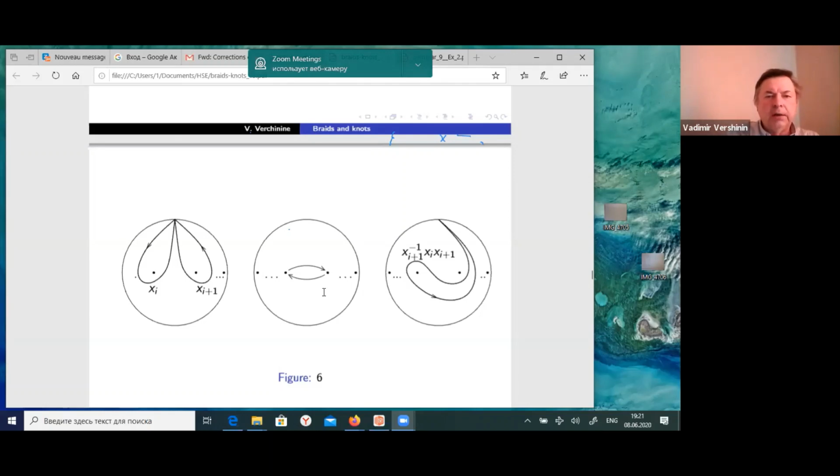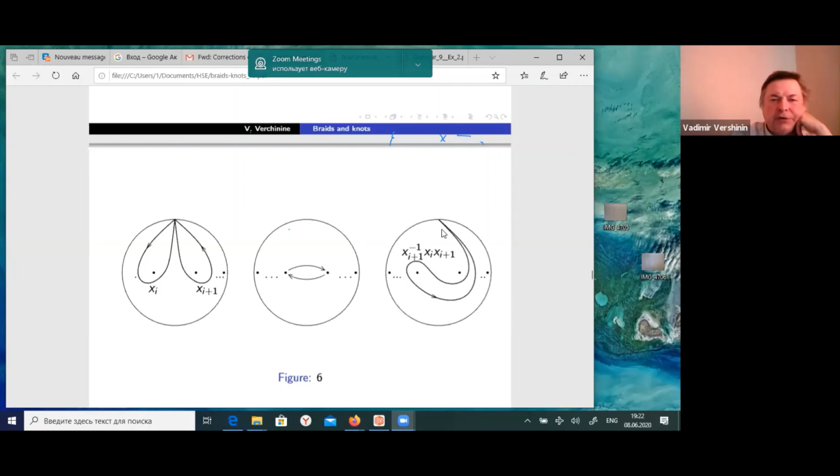So if you make this map, what will happen? If you have this rotation, then this loop goes simply to this loop.